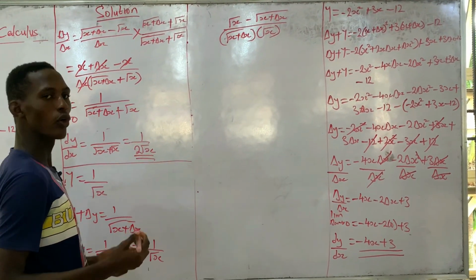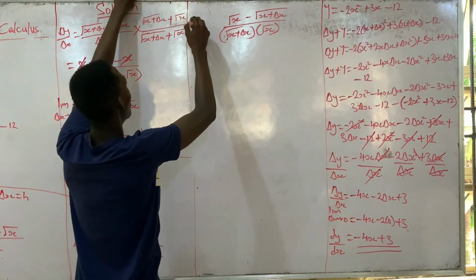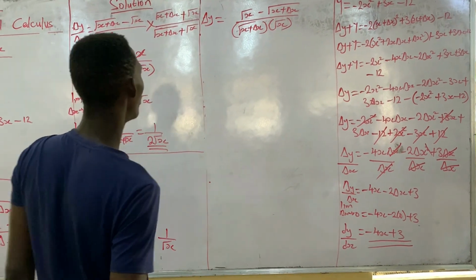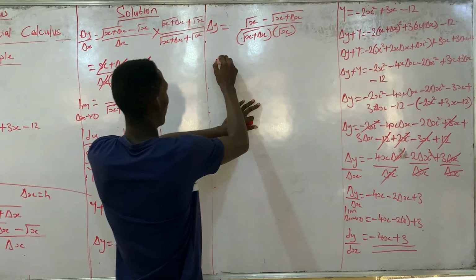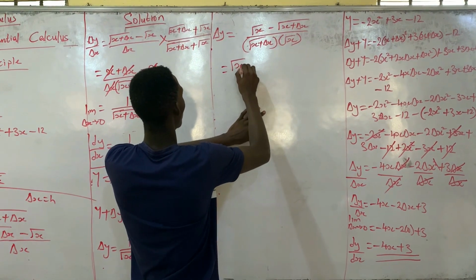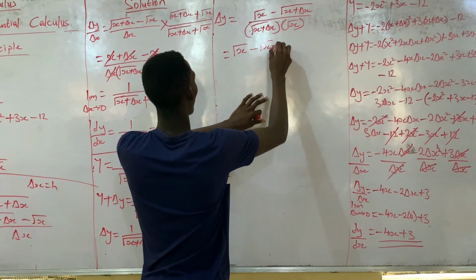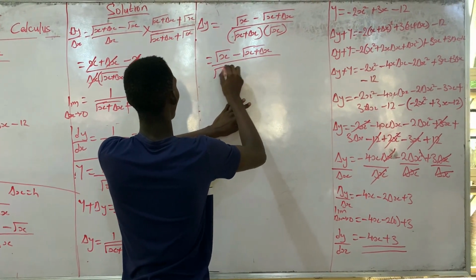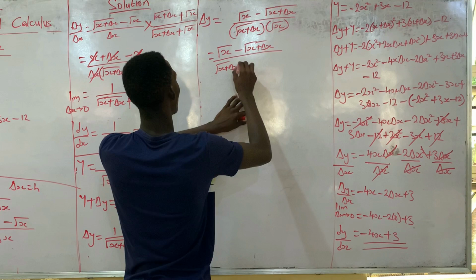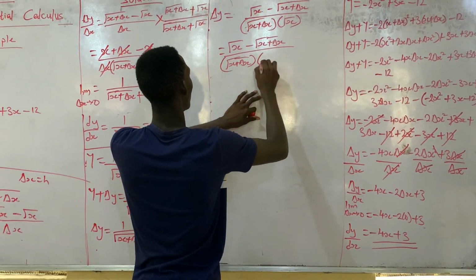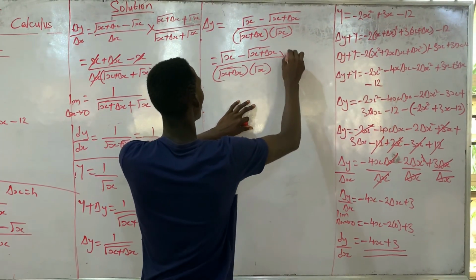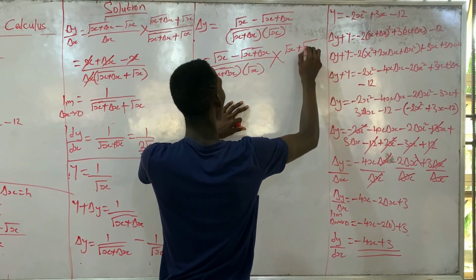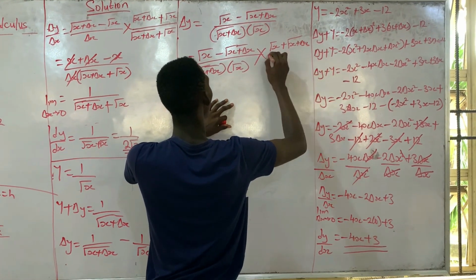Can you see? Now what do we do next? Remember, this is still our dy. We rationalize like we did earlier on. This is root x minus root x plus change in x over the whole of this, root x plus change in x in one bracket, the other bracket with x. So you multiply, and this becomes root x plus root x plus change in x.